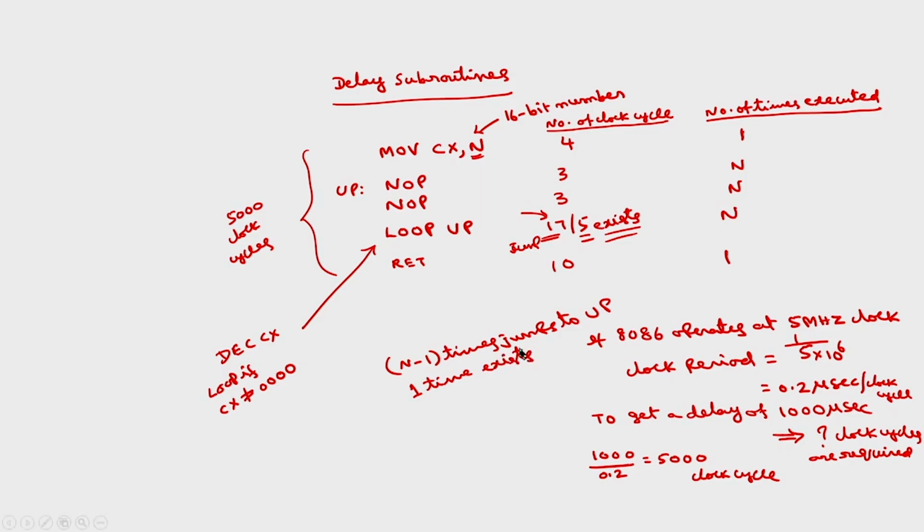Okay. So then the total delay of this program is the number of clock cycles into the number of times, plus the number of clock cycles into the number of times, and so on. So like that you have to add.